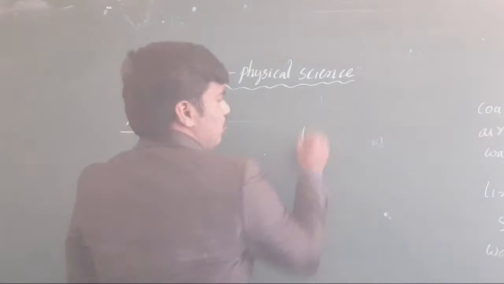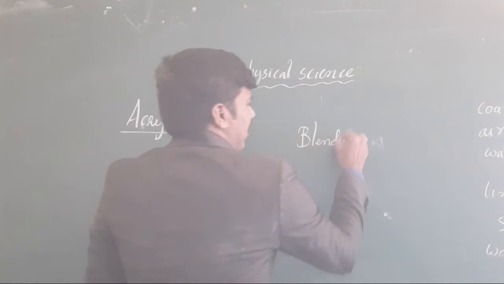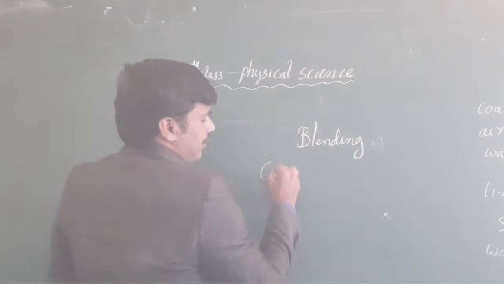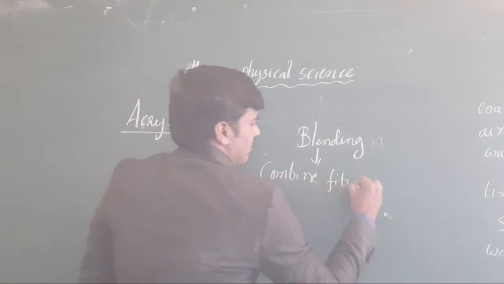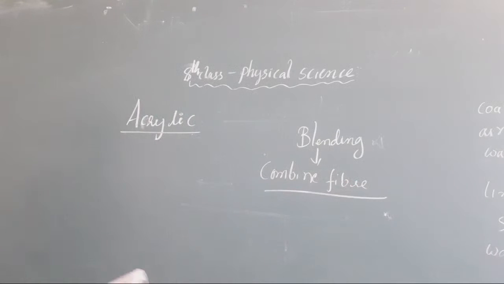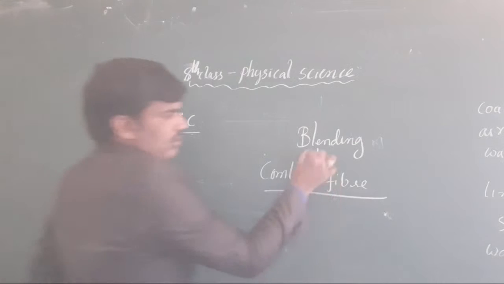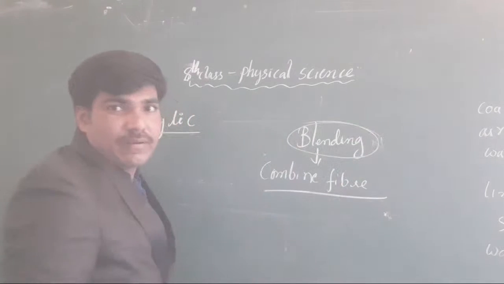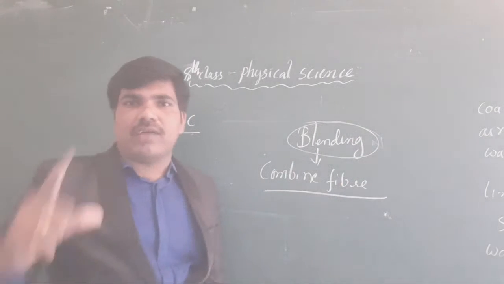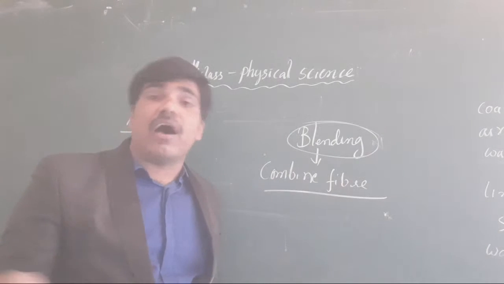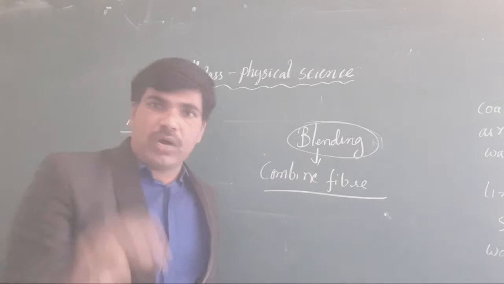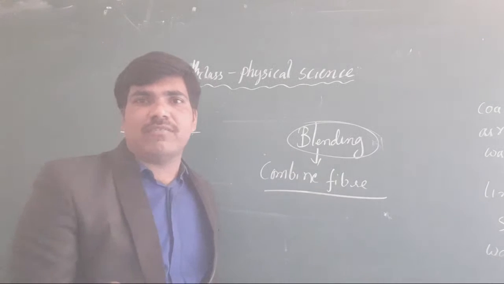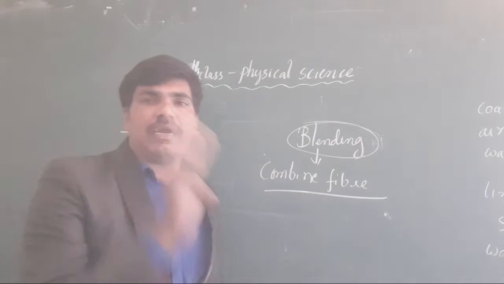You know very well, by using the blending process we combine fibers. Because of blending, either two natural fibers, or two synthetic fibers, or more than two or three synthetic and natural fibers, one is combined with another.